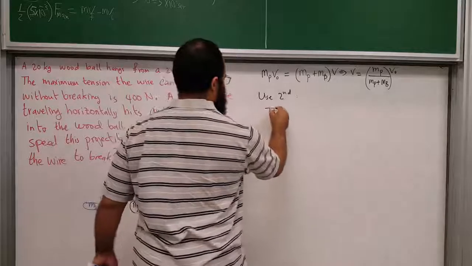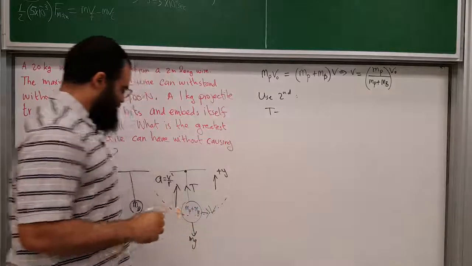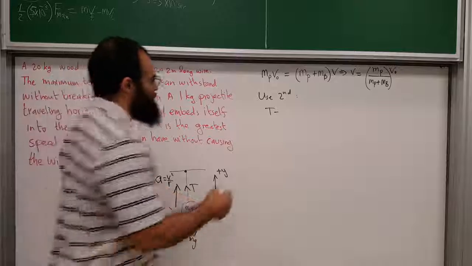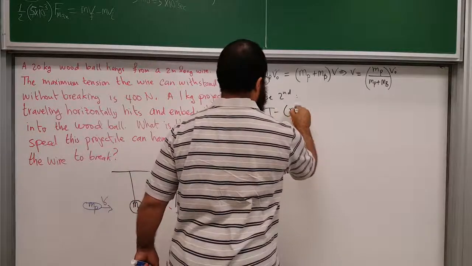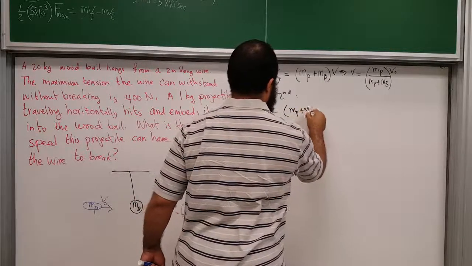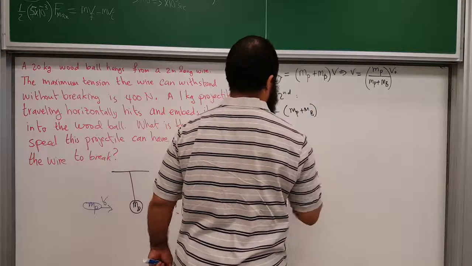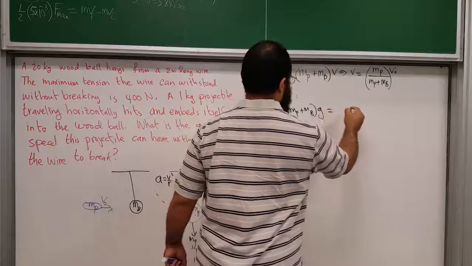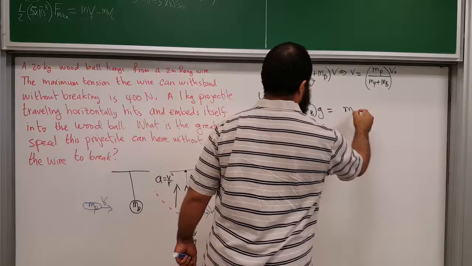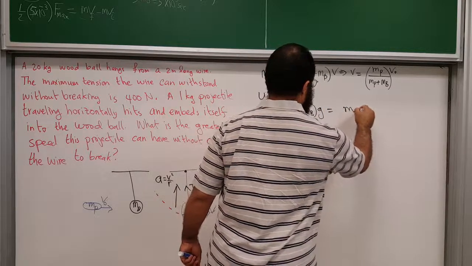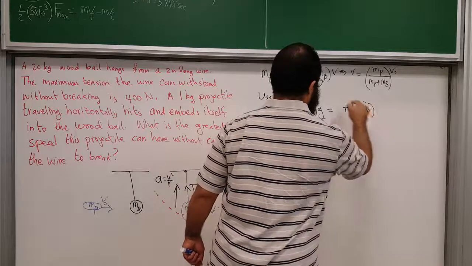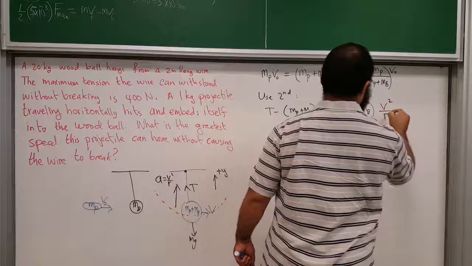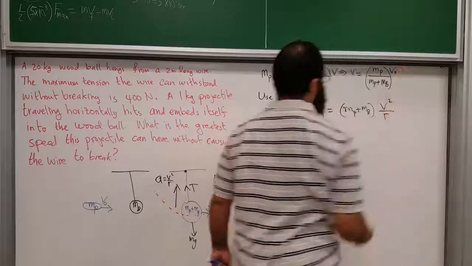So the tension minus mg, what is m? Well, m is the mass of the projectile plus the mass of the block. Tension minus the mass of the projectile plus the mass of the block, times gravity. That has to equal the mass times acceleration. The mass, again, is the projectile plus the block, times the acceleration. The acceleration is v squared over r. But v is this.